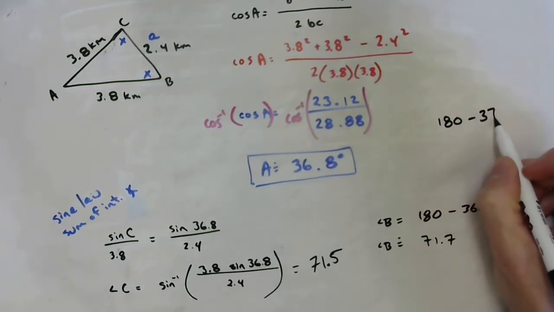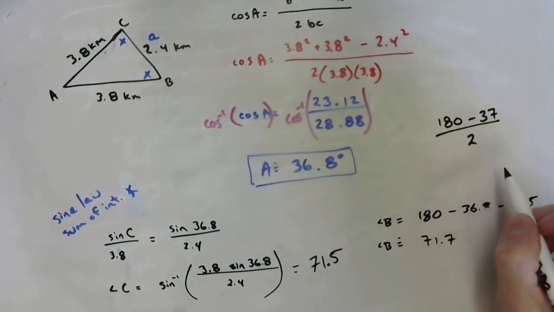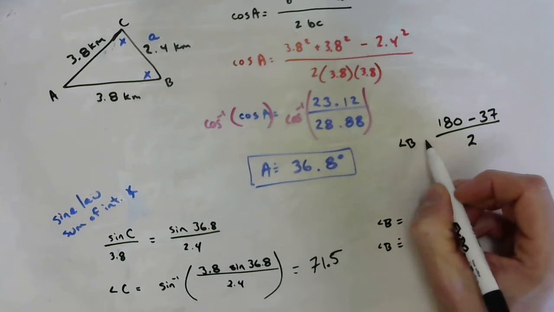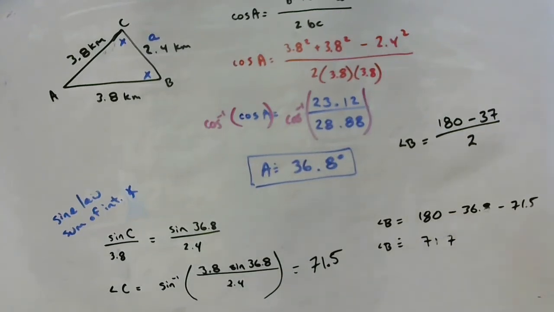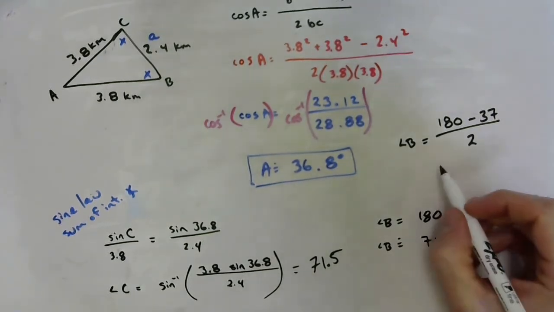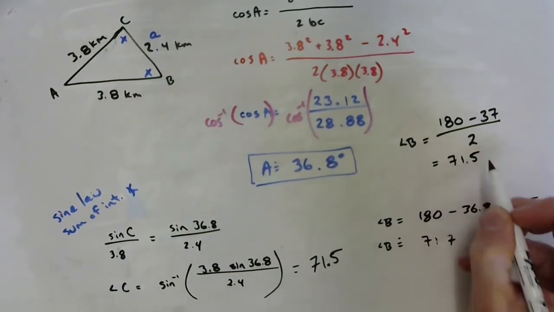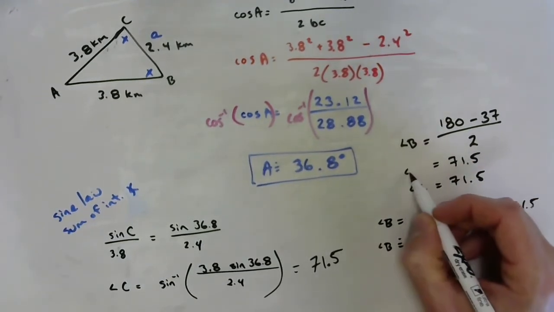I'm going to round this to 37, take that answer and cut it in half, and that's what angle B is equal to. So you get 180 minus 37, enter, divide it by 2, 71.5. And then you could say angle C is also 71.5.